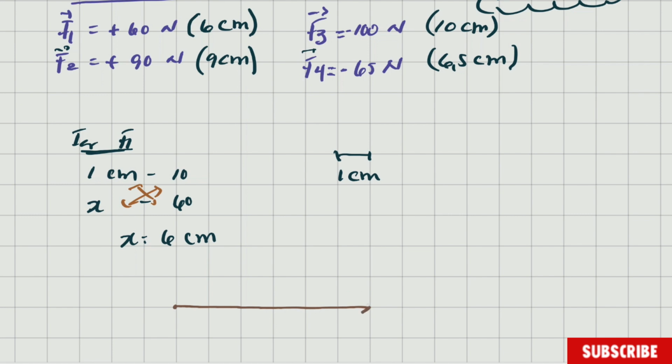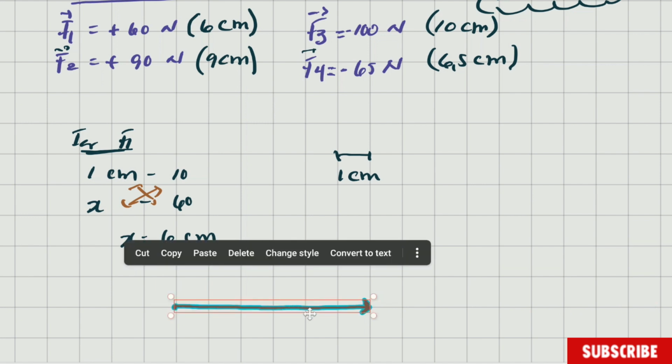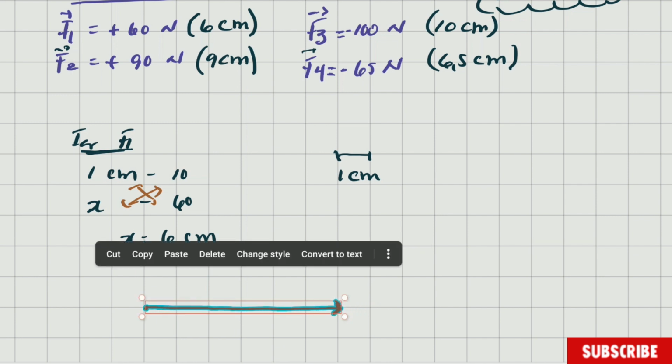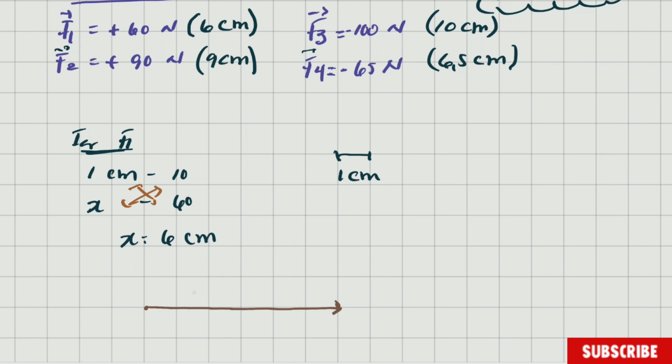Remember, be careful with the head. Because my space is getting a little short, 9 centimeters is going to be a problem, so I'm going to move it a little bit to the left, like 1 centimeter. There we go. So this one is F1 equal to 60 Newton.